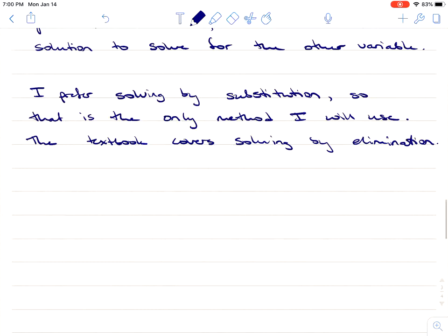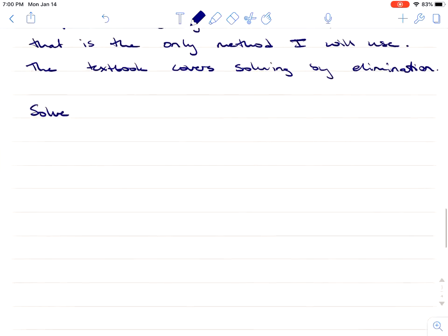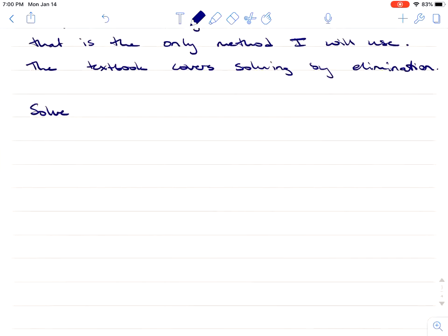So if I had to solve, and I'm going to use the same equation that we just had, 4x plus 2y equals 8, and 2x minus y equals 7. So definitely on test 1, I'll make you do this, where you have to solve systems of equations.